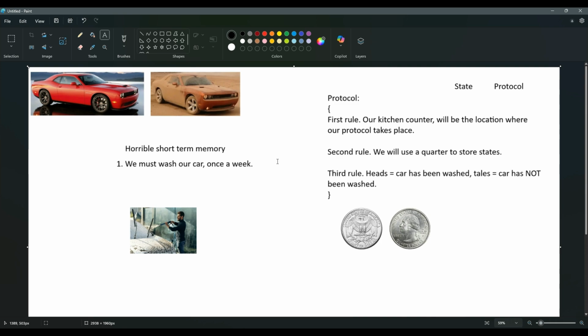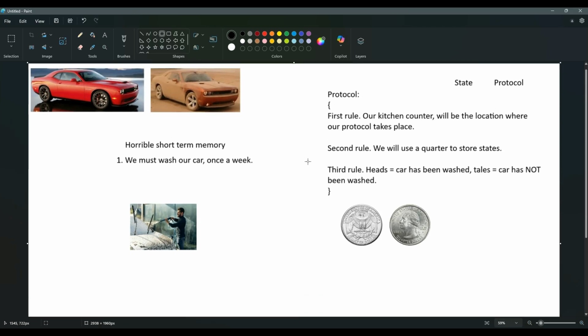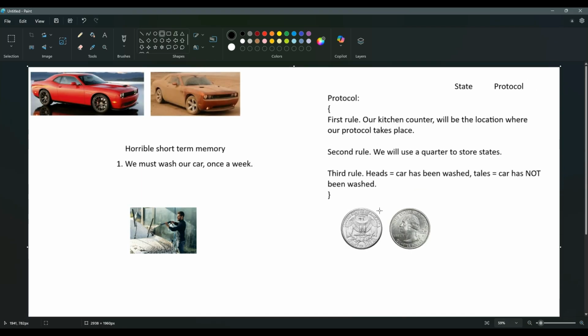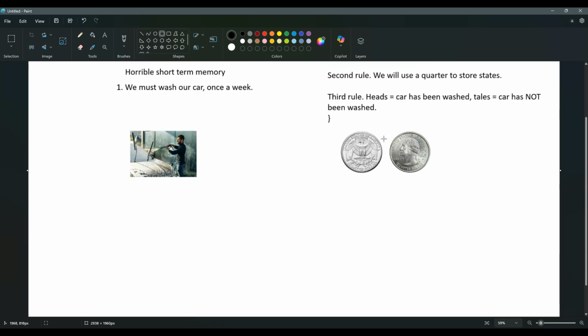Bringing it to computers, I'm going to map out how computers work in a very abstracted way. We're not going to go too in depth, but basically we're going to use the same concept of using two states of a coin, and instead of a coin, we're going to use bits. In a computer, there's a hard drive, and in that hard drive there are individual bits which refer to 1 and 0, which operate exactly the same way as heads or tails: true or false, on or off, heads or tails, yes or no. It's used for the same thing.